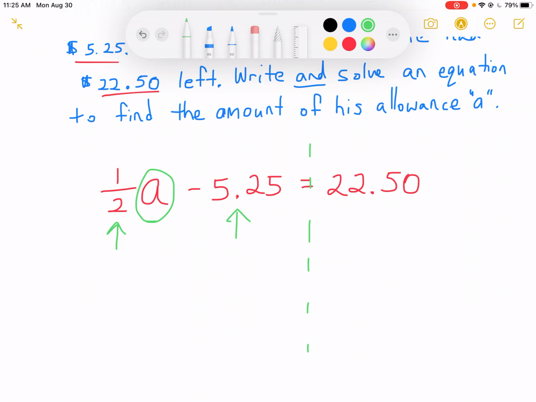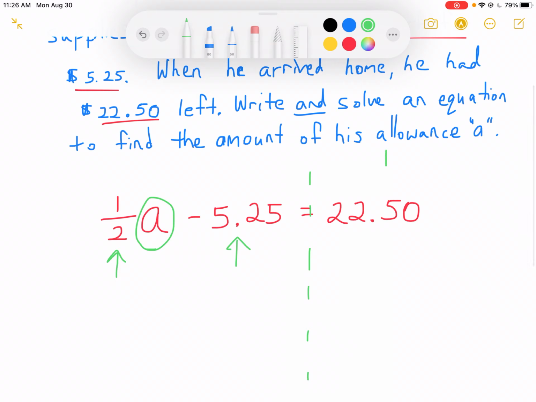I need to do something with this 1/2, and I need to do something with this minus $5.25. We spent some time on order of operations, PEMDAS, but when we're solving an equation, when we have an equal sign, we are going to work through the steps backwards. Okay?